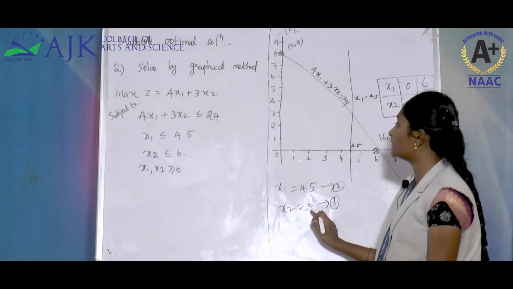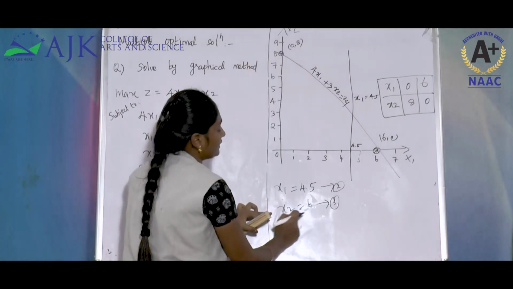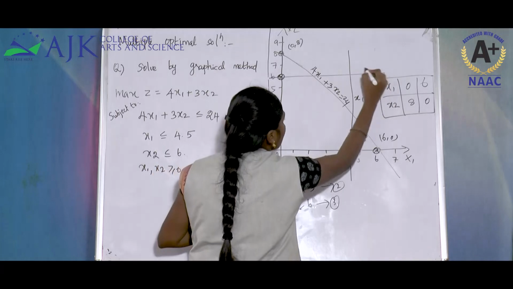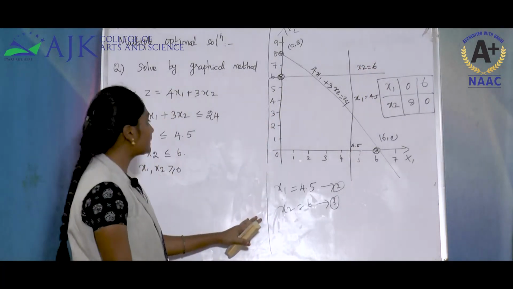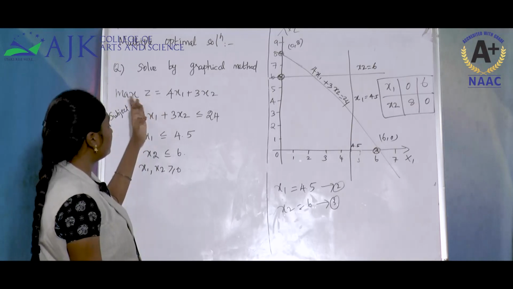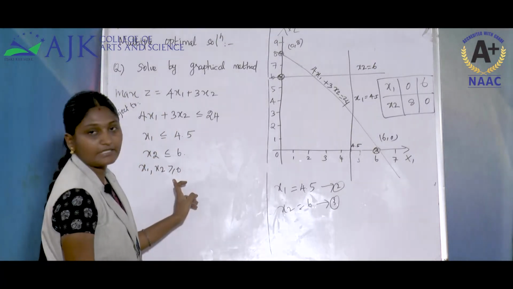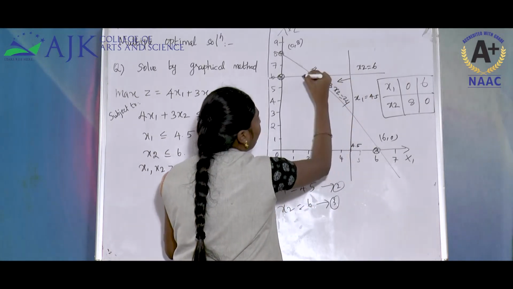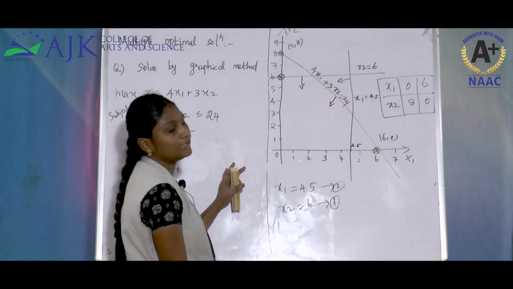This is our x2 axis, and this is my 6, so x2 is equal to 6. Is it clear? All three constraints are less than or equal to type, so we have to shade below the lines.